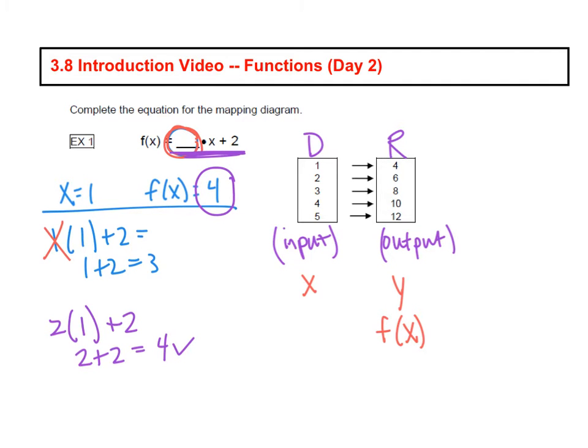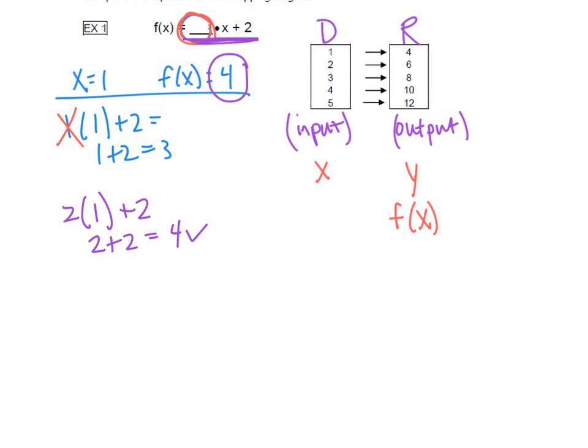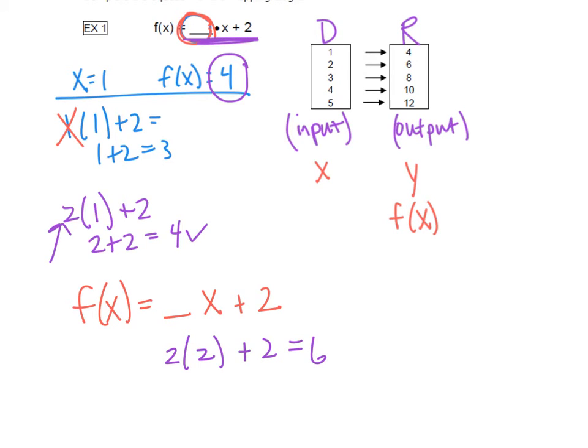So now I'm going to double check and see if some other values work. The function is f of x equals something times x plus 2. Let me try when we think that 2 works. That's what we were trying to figure out. So let's try 2 times 2 for our x. 2 times 2 is 4, plus 2 is 6, and I'm checking up here and I can see that 6 is the value.